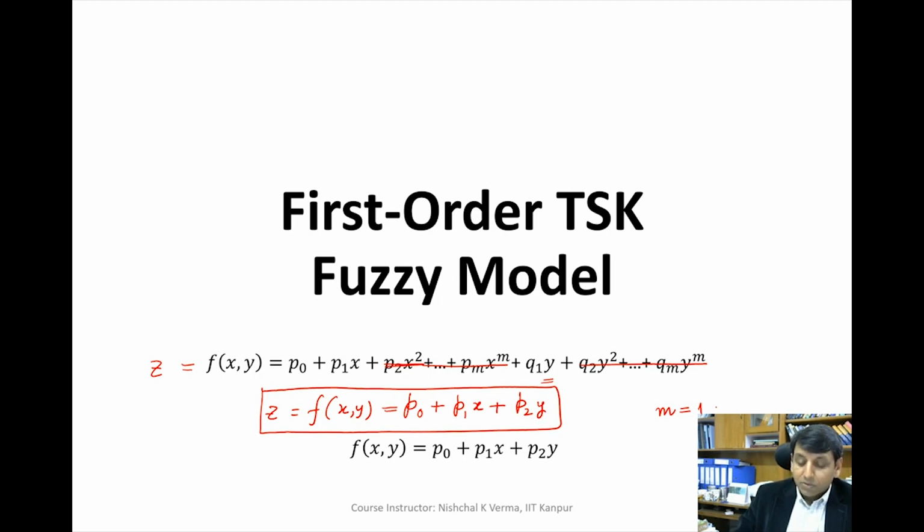Similarly, m is equal to 0 for zero order. What does this mean? This means that only the constant will be there.